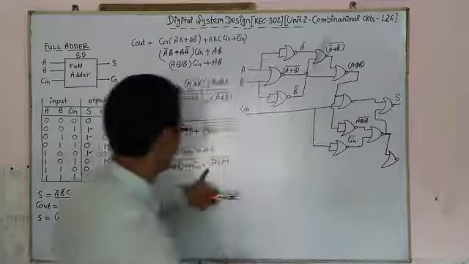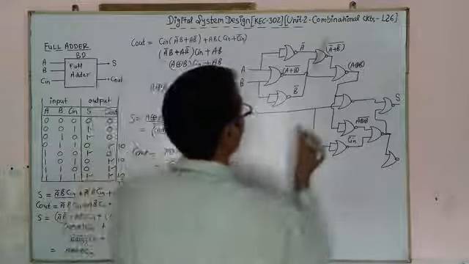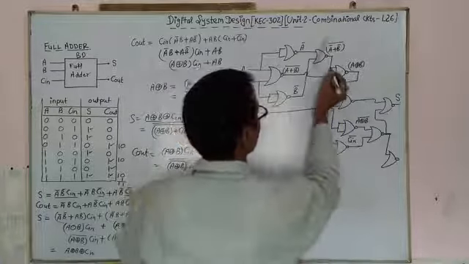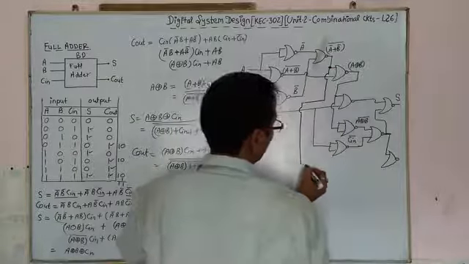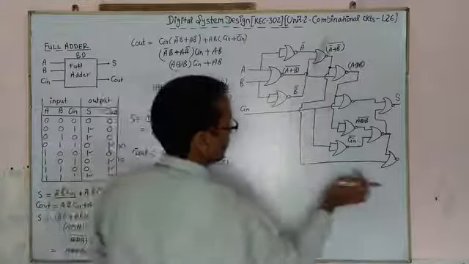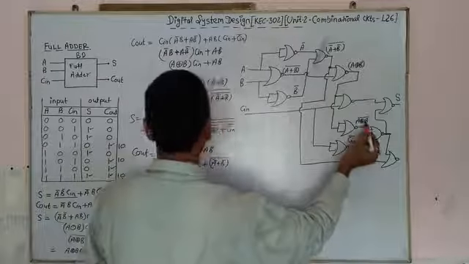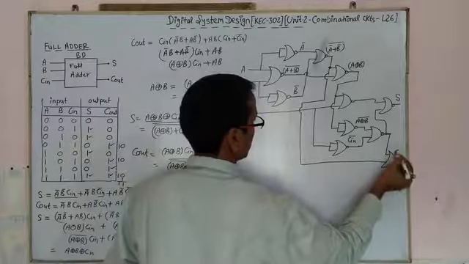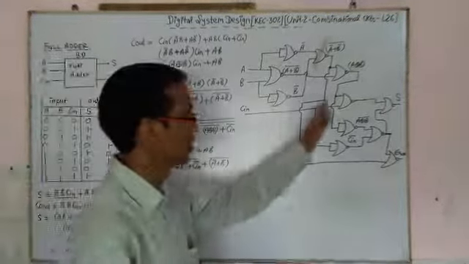Where we will use this term A bar plus B bar bar, this A bar plus B bar is coming from here, and this A XOR B bar plus C in bar is coming from here, and this is the C out. In this way you can design using this NOR gate.